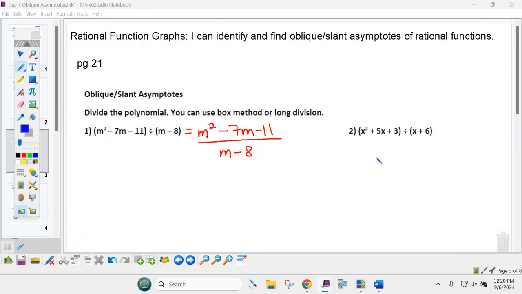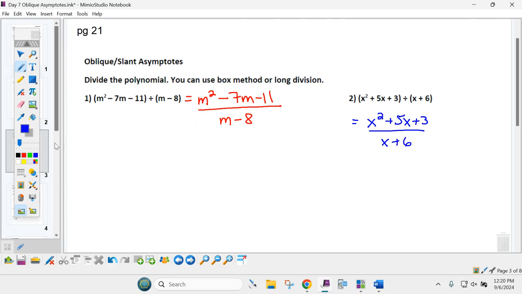To review division, first let me rewrite this. I will do one of these problems with box method and the other with long division. You can pick your favorite method, you do not have to do one way or the other.